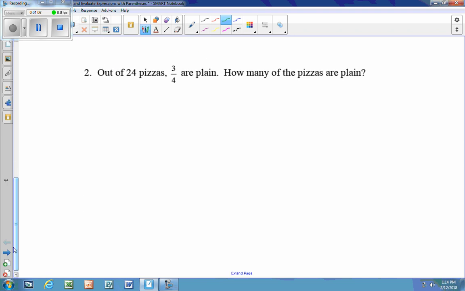Okay, now this time there's no picture included, and we're going to have to figure this one out on our own. So it said that there's 24 pizzas. 3/4 are plain. How many are plain? It does not say we have to draw a picture, so we're going to do 3/4 of 24.